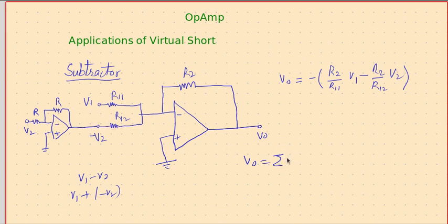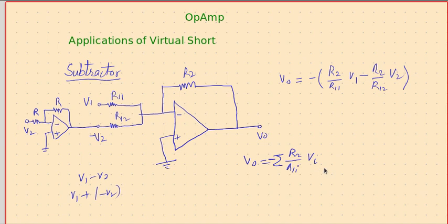So that's what we can say, R2 by R1i Vi with a negative sign. So this is what a general expression for this circuit.